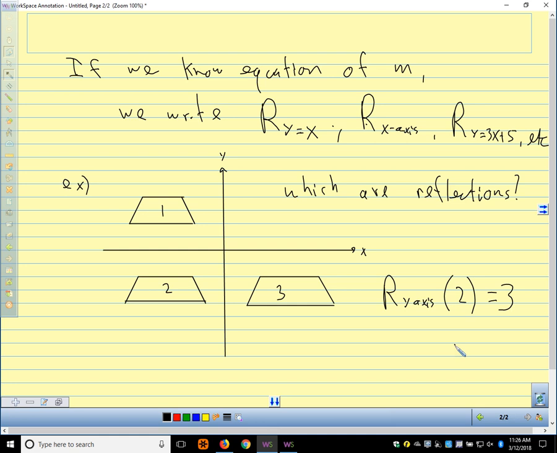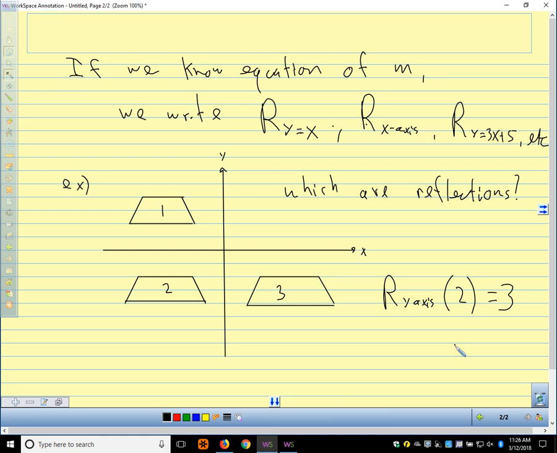Why can't 1 and 2 be reflections? It's a translation, right? If we reflect this top part of the trapezoid over the x-axis, it would have to be further away from the x-axis than the base, so that the distances don't work out.